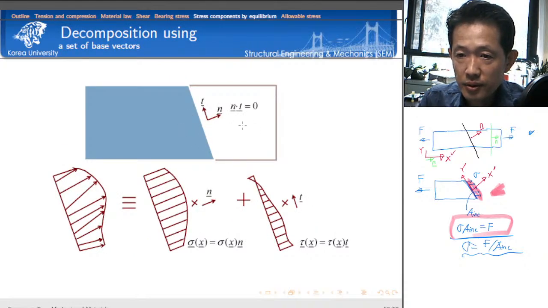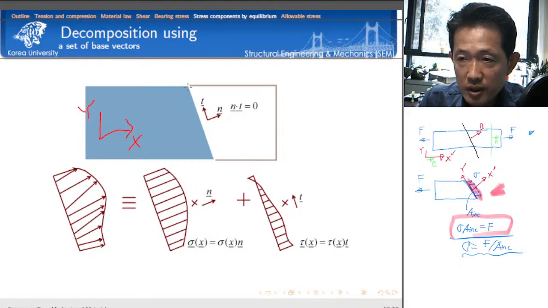As I told you, for the global analysis we introduce a coordinate system x and y here. And then if we want to discuss any stress component with respect to this inclined cross section, I want to introduce a new coordinate system, x prime and y prime.